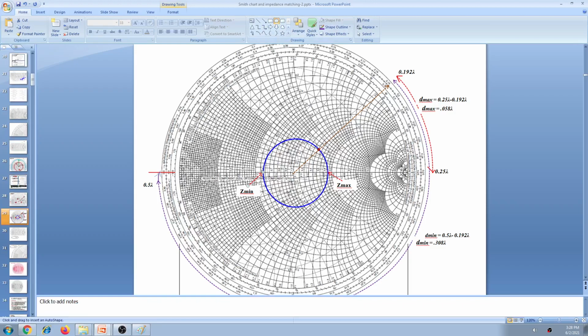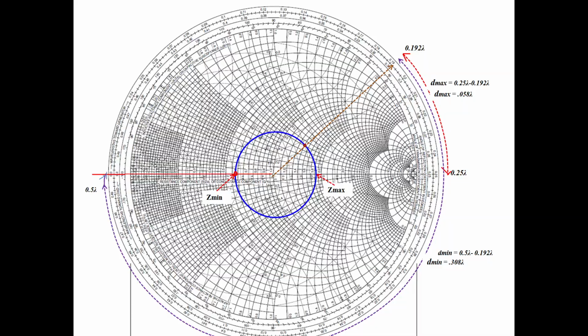And you should draw a line from here. Starting from here, we stopped here, so from the center you draw a line passing through this point where you stopped.